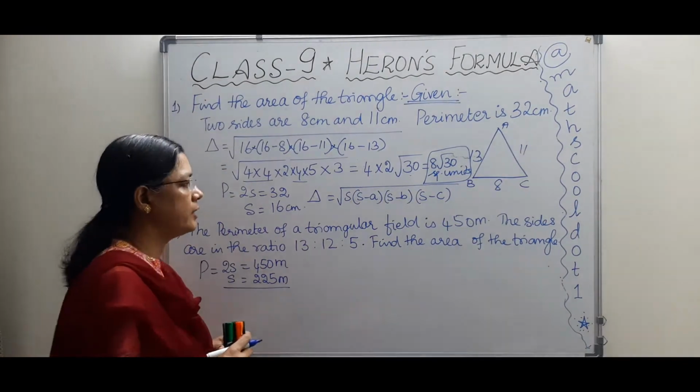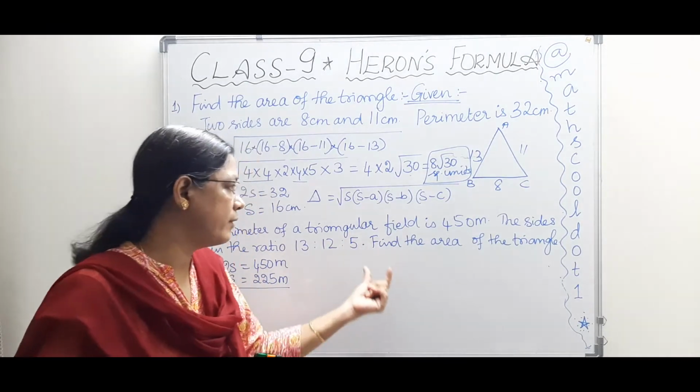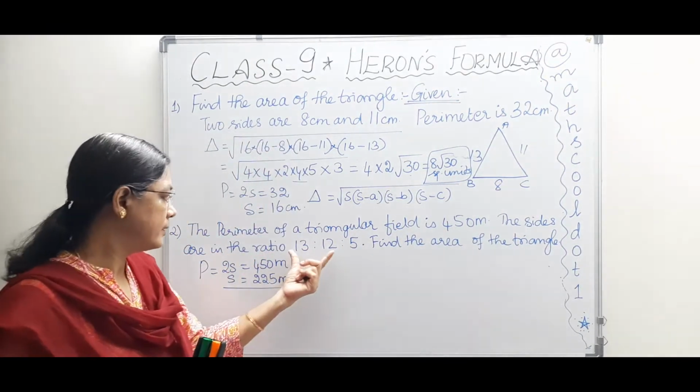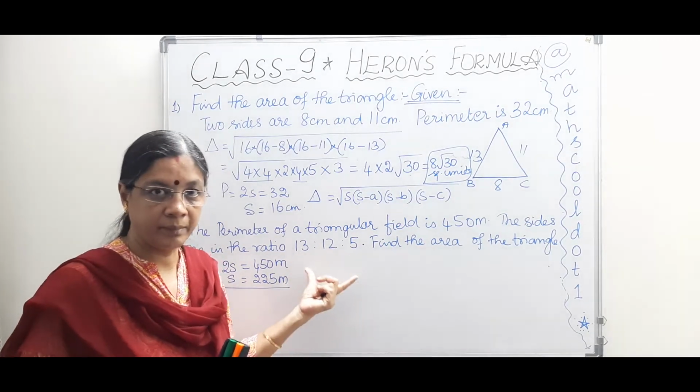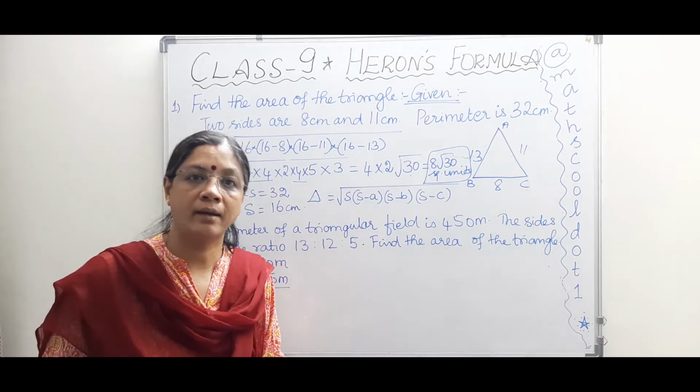Now the ratio is given: the sides are in the ratio 13 is to 12 is to 5. Find the area of the triangle. So we need the sides, but the sides are not given, just their ratios. So what do we mean by ratios?